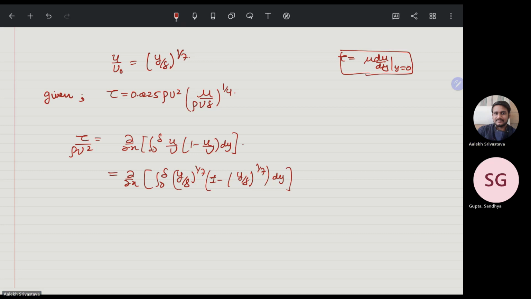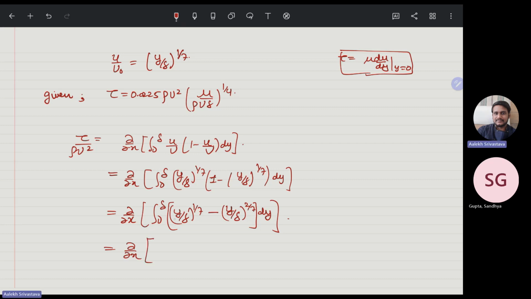If I substitute, it will be the integral 0 to delta of y by delta 1 by 7 minus y by delta 2 by 7 dy, and del del x of this equation.